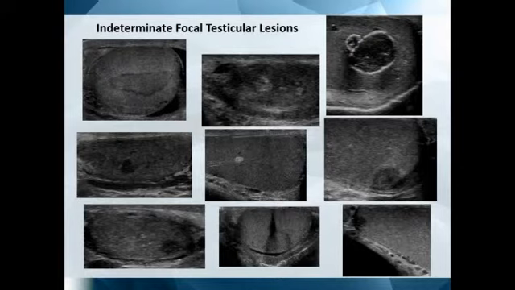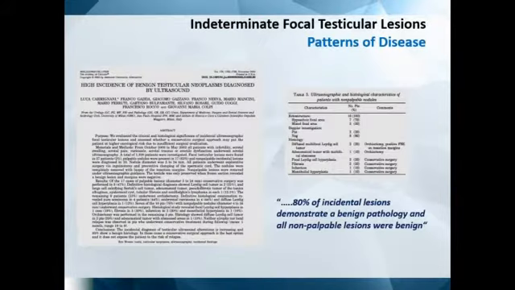You may want to use MRI as a problem-solving tool, but even MRI is probably not as good as multiparametric imaging of the testicular tumor. So I'm going to show you in the next few minutes exactly how we can use the different multiparametric imaging techniques and get to the bottom of that lesion, to the benefit of your patient.